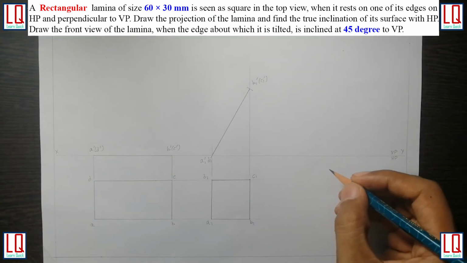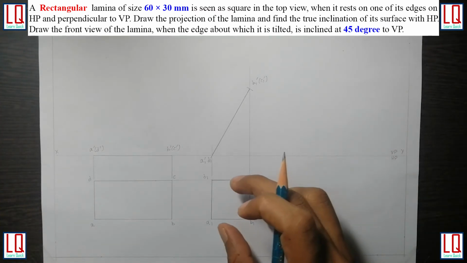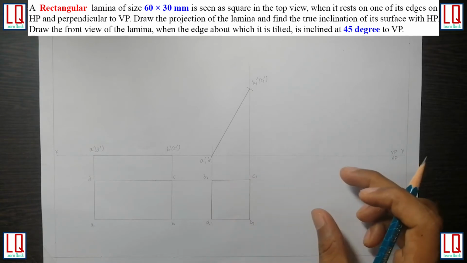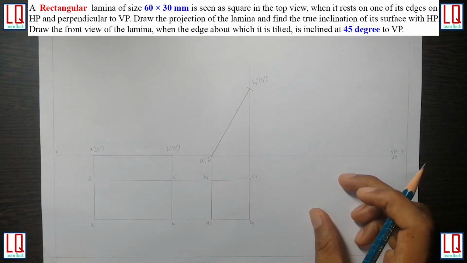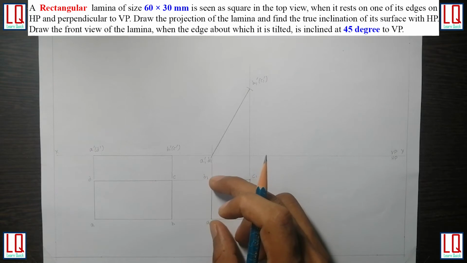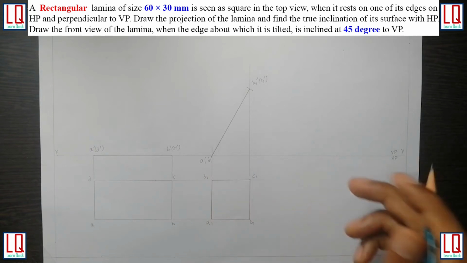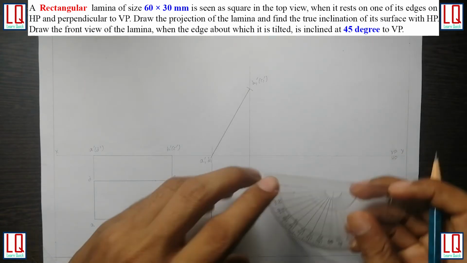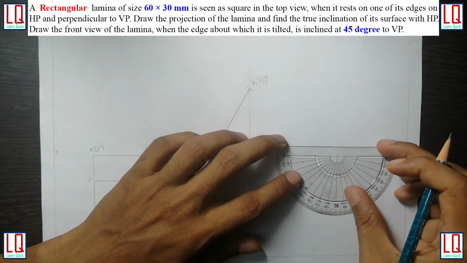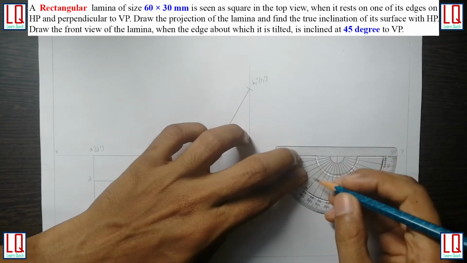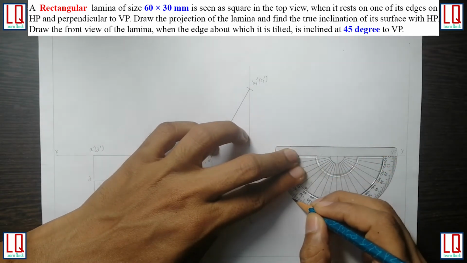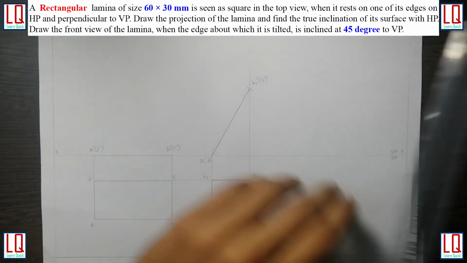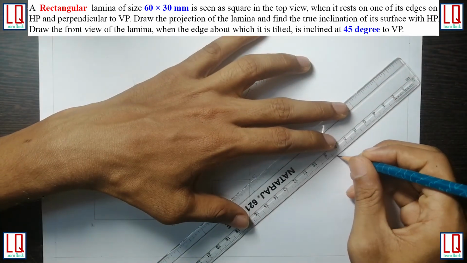Now we will move to step 5, where the square is inclined at 45 degrees to VP, keeping the resting edge AD as reference. So mark a point on XY, measure 45 degrees and draw a line.